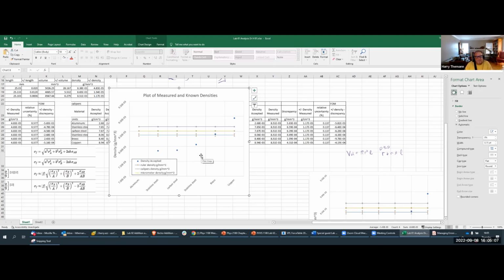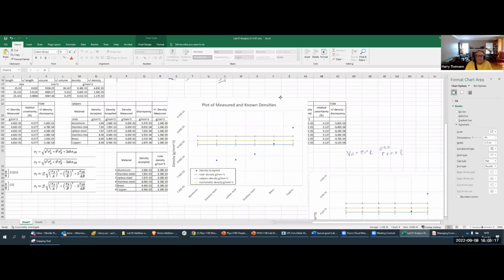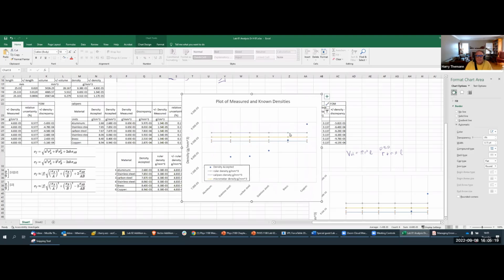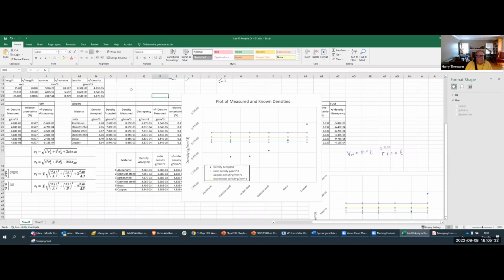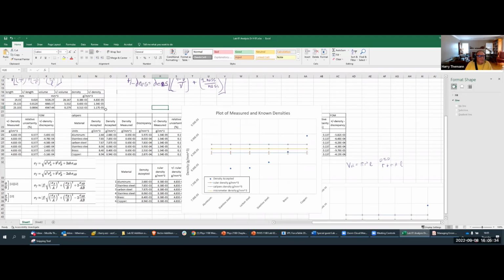So I've kind of gone to the end and shown you this graph, and I'll go back to the mechanics of the graph in a minute. Another takeaway from this lab is that you should notice that the error bar on the micrometer is smaller than the calipers and smaller than the ruler, but it's not that much smaller. And one thing I could do too, let's take a look at the volume.